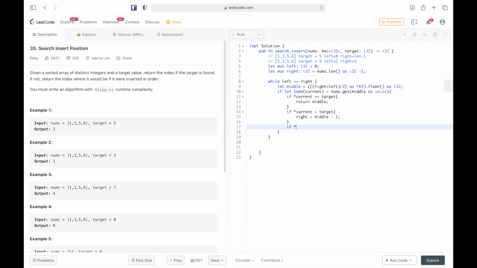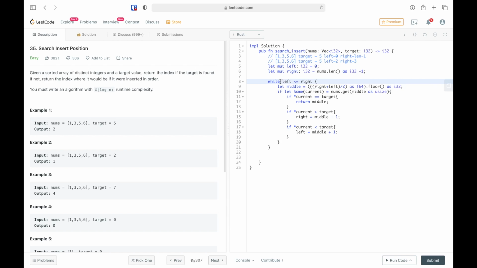Similar thing applies to our left-hand side. So if current is less than target, then in that case our left should be middle added by 1. And then we're going to keep doing this until left is less than or equal to right.